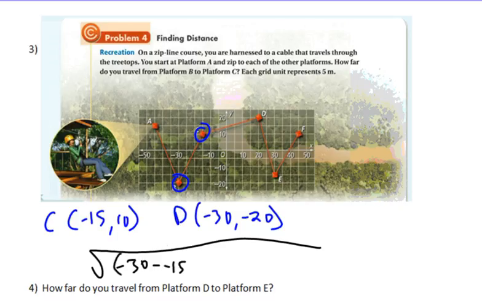Those are going to cancel out. Plus y2, which is negative 20, minus y1 squared. And then you simplify it from there. Do the same thing from D to E. Alright, so just using the distance formula there.